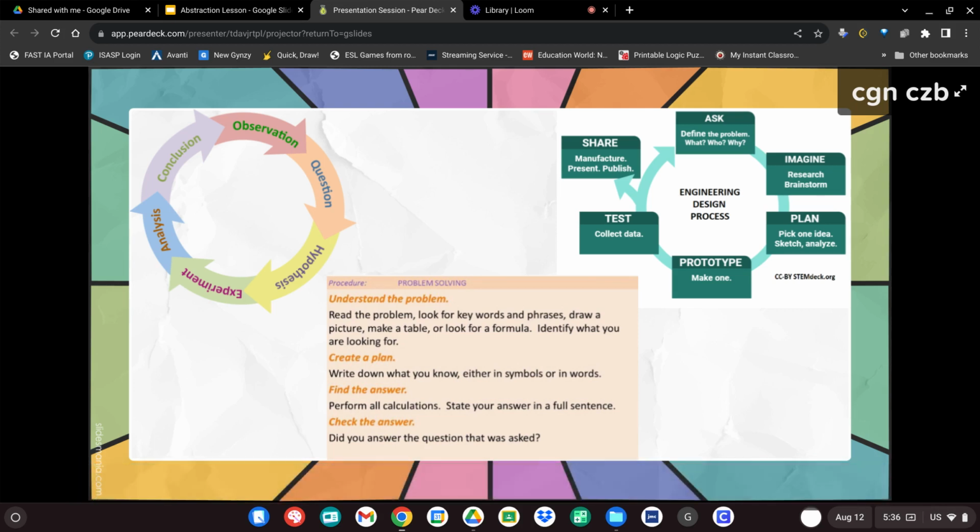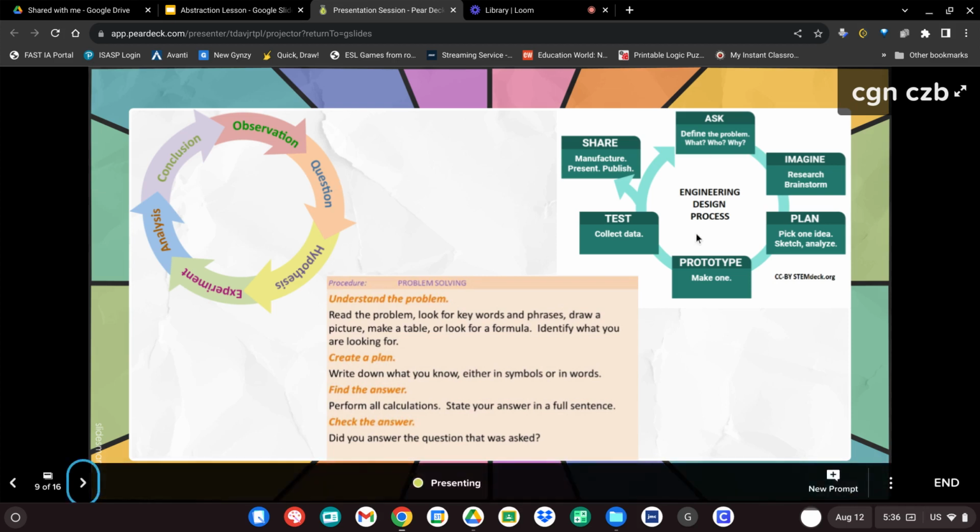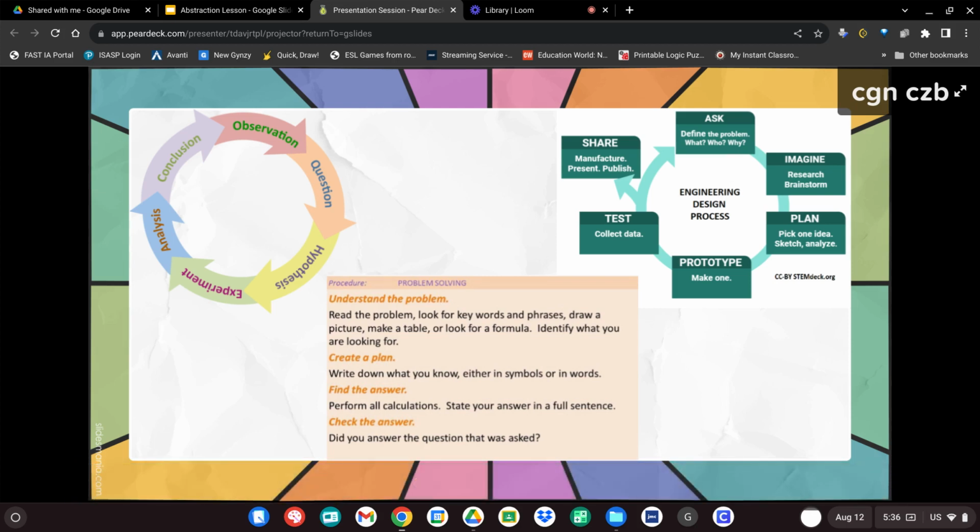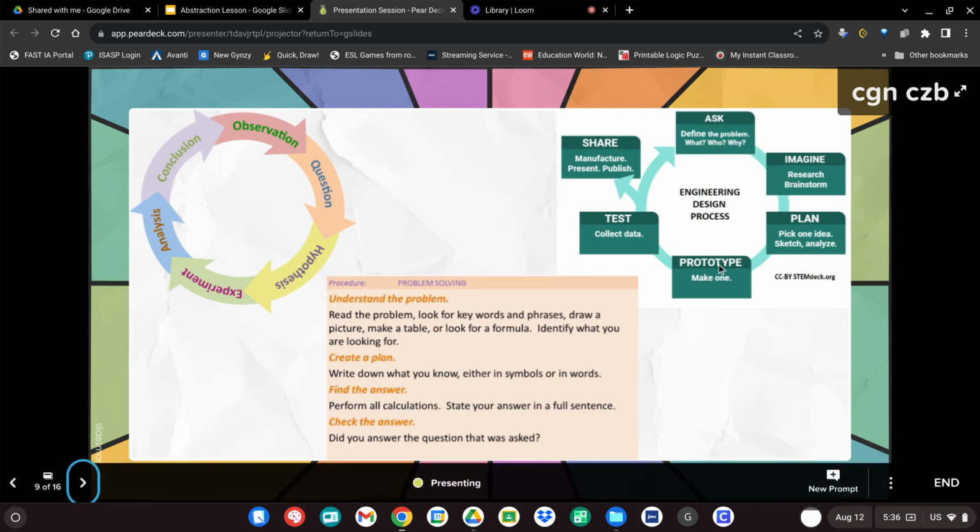You're always going to do it in these steps. Anytime you're going to design something for engineering, you are going to follow these steps. It works for every single engineering problem. Same thing with the math problems. You can solve any math problem by following these steps.